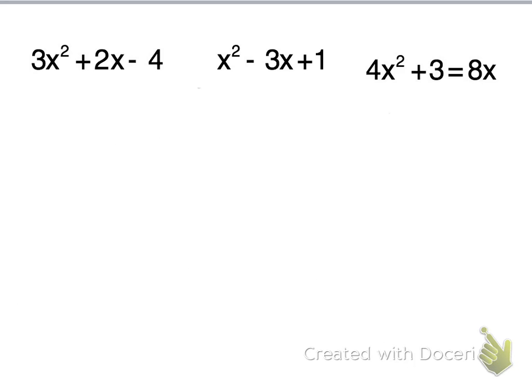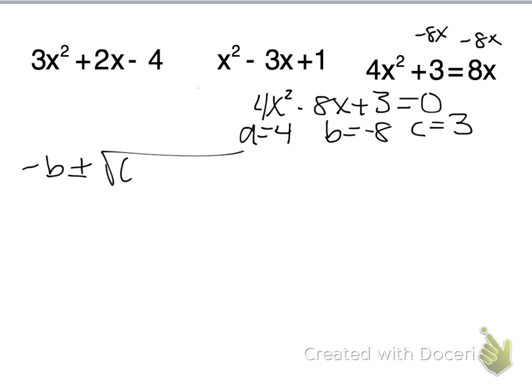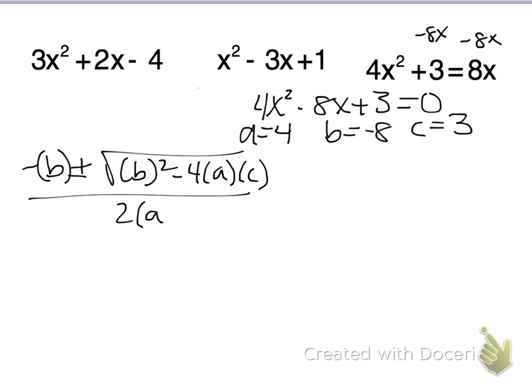For this last one, it's not set equal to 0 yet, so we have to subtract the 8x. I'm going to make sure I'm writing it in standard form. My a is 4, my b is negative 8, and my c is 3. So negative b plus or minus the square root of b squared minus 4 times a times c, all over 2a.